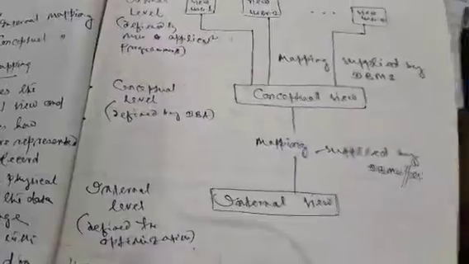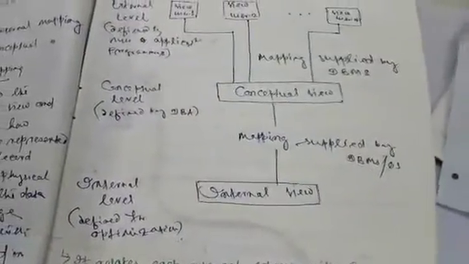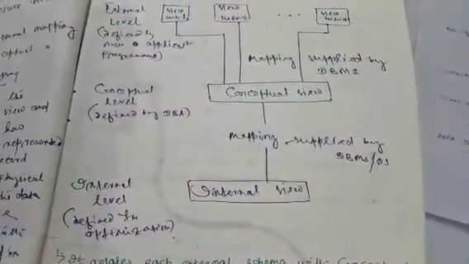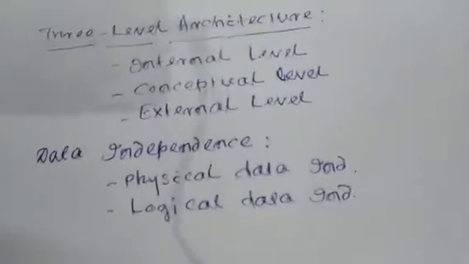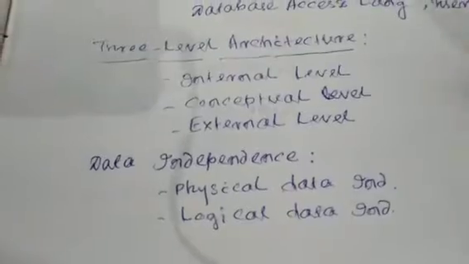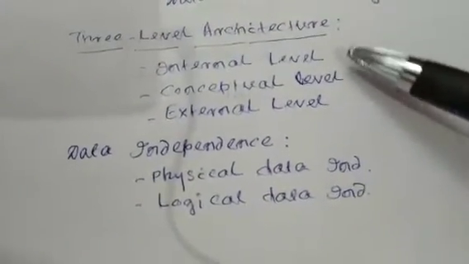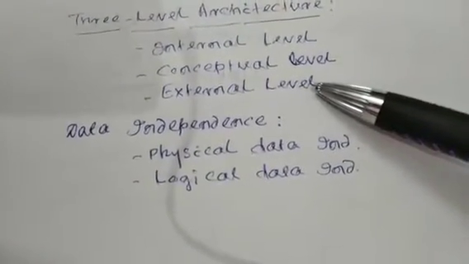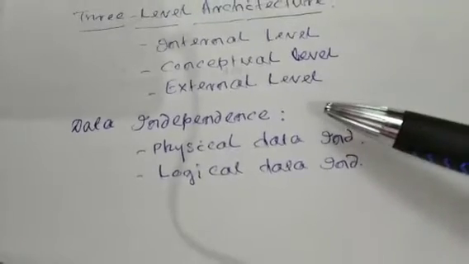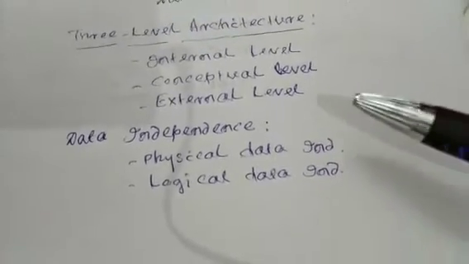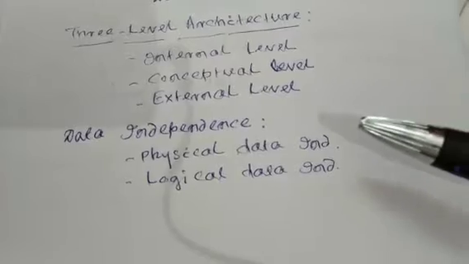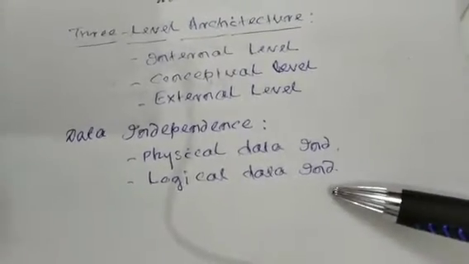Then we come to data independence, which we have discussed. Three-level architecture: internal, conceptual and external, then data independence. In data independence there are two types: physical data independence and logical data independence.